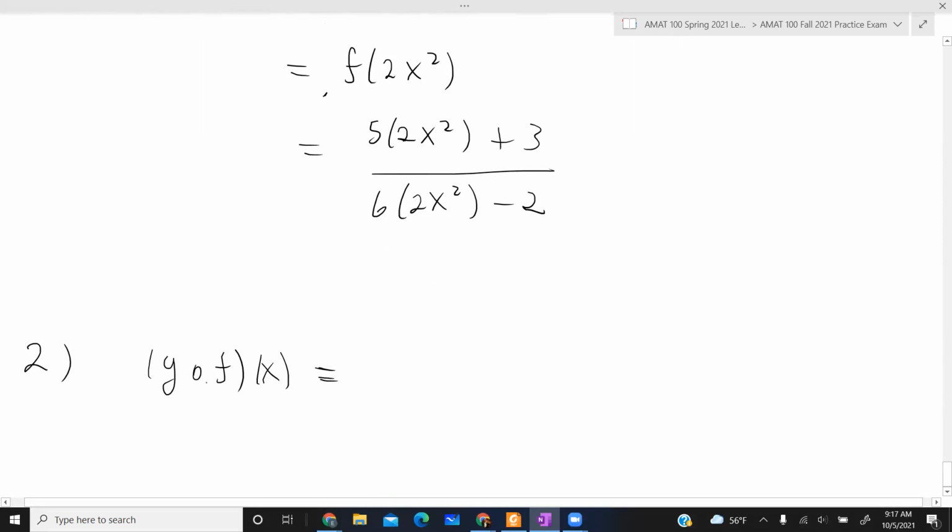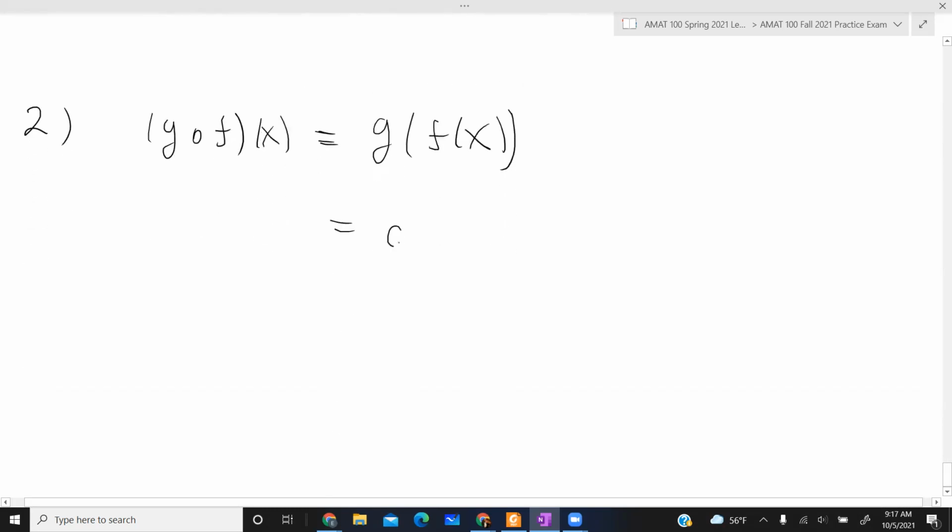So now I want to do g composed with f at x. By definition, that's you feed x into f, and then f of x into g. So it's equal to this. And then f of x is equal to (5x plus 3) over (6x minus 2).